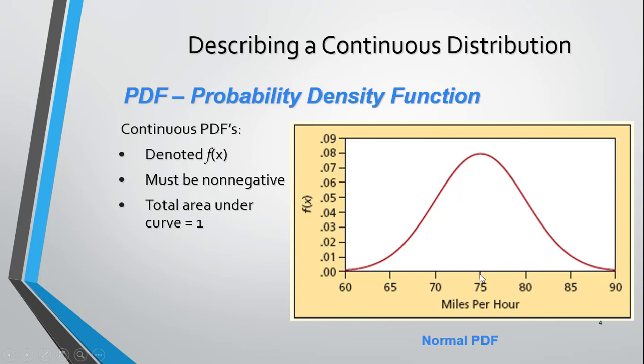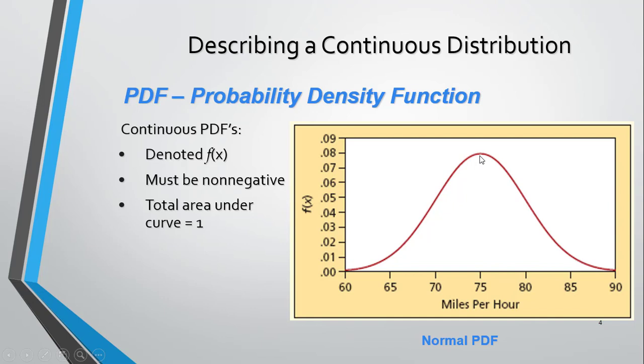So if you plot the speeds people drive at and the probabilities, you'll find most people are driving at 75 miles per hour, which corresponds to the highest point in the curve.